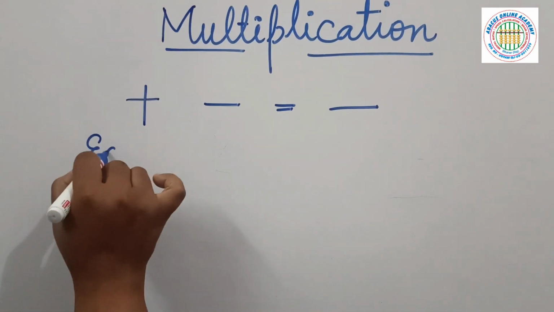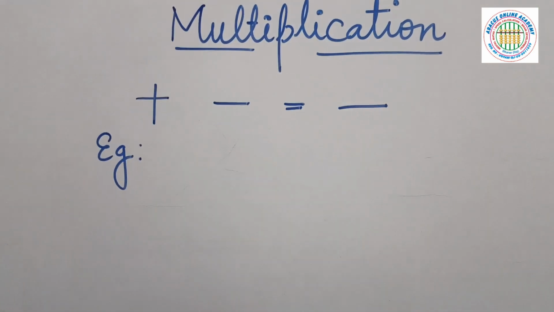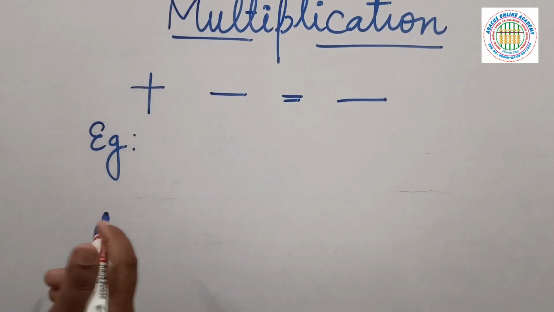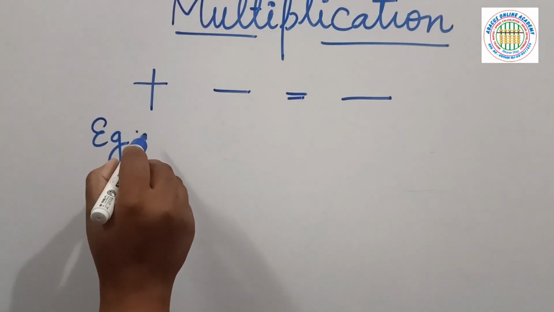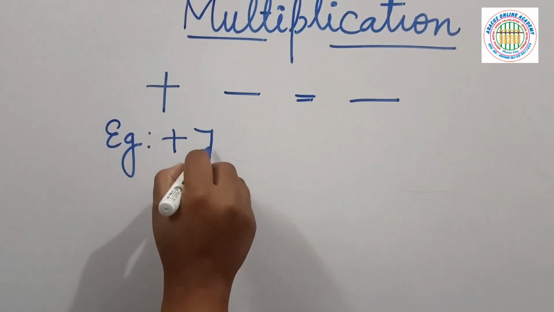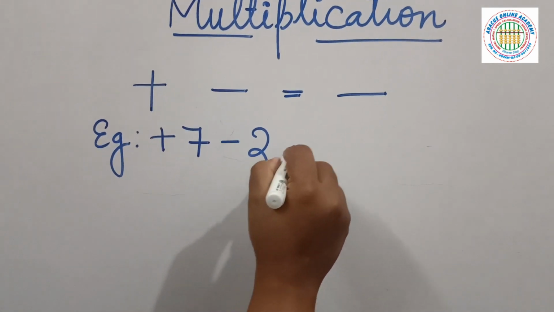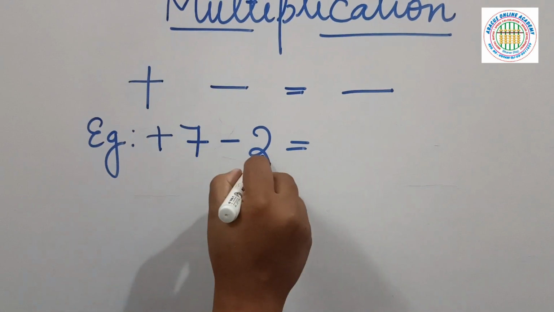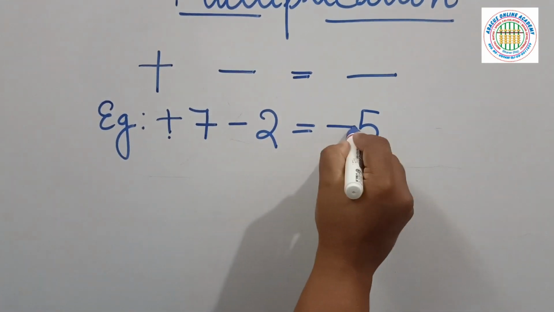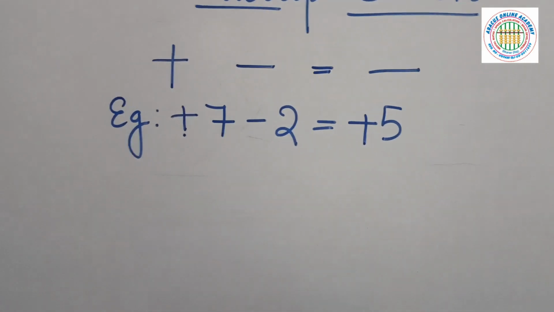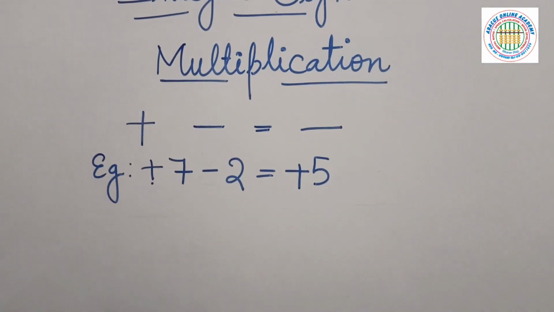For example, I'll do both addition and subtraction here. In addition, we did plus 7 minus 2. 7 minus 2 is 5 and we put the greater sign. But in multiplication, this doesn't work.